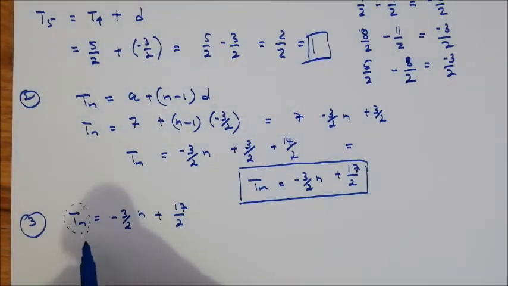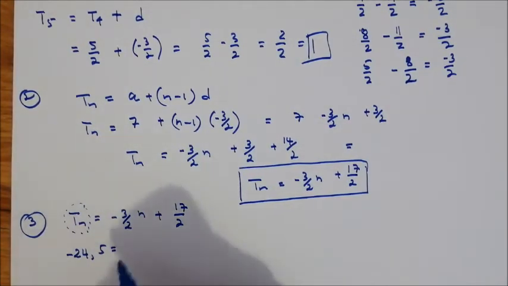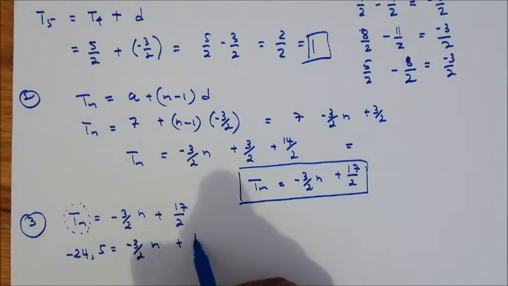So we're going to put here the term, it has got this value, negative 24.5. So we're going to find its position in the sequence, right? So negative 3 over 2 times n plus 17 over 2.